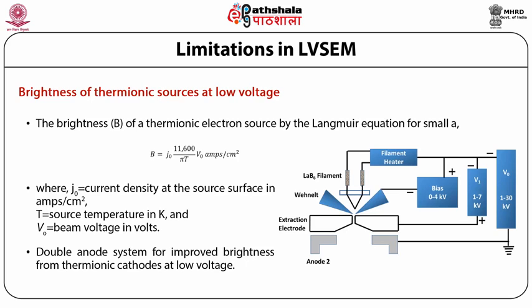The practical measures to improve thermionic gun brightness at low voltages therefore include the use of LaB6 cathodes and changing the gun geometry.